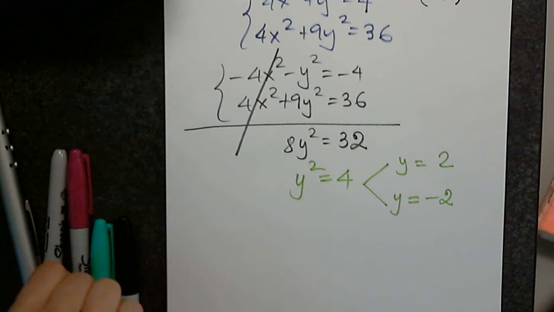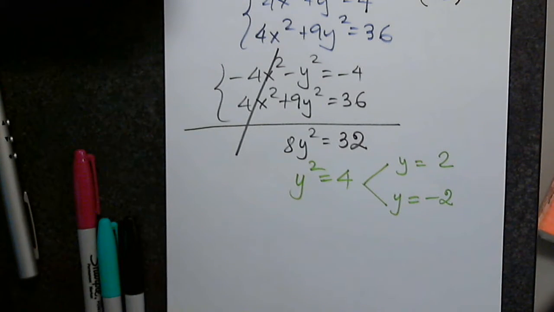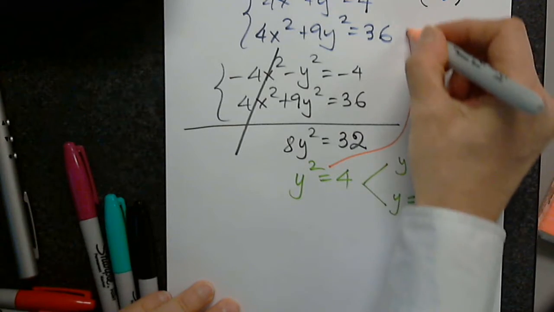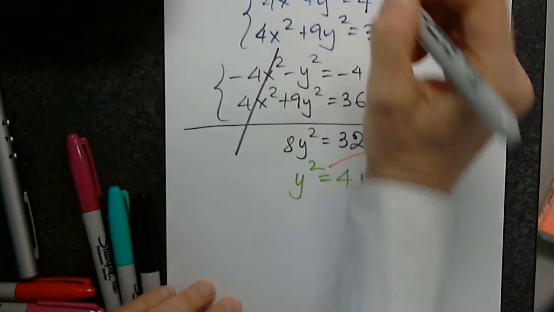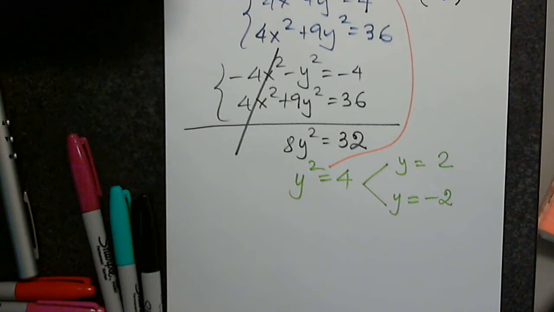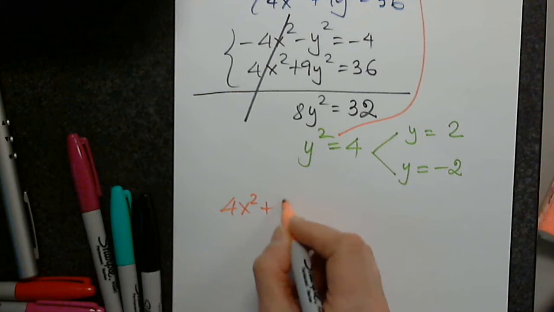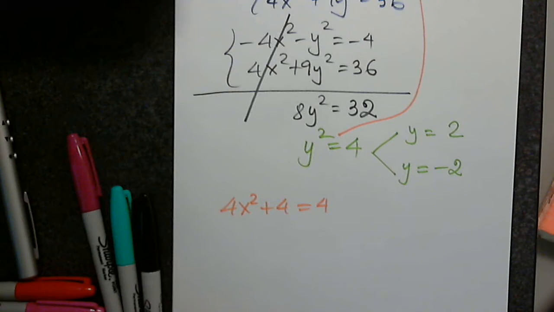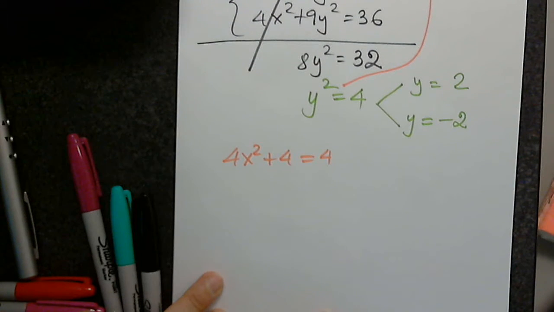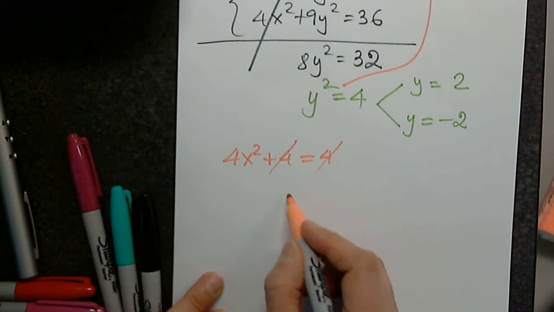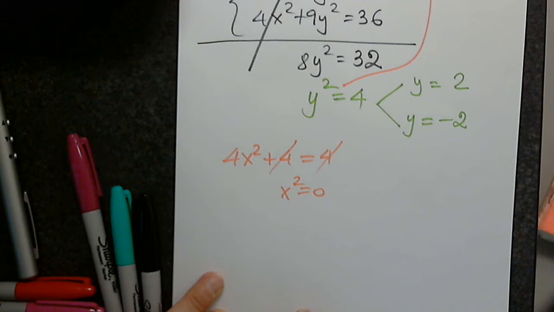No. I have to go back and replace y squared by 4 in this equation. It doesn't matter which one you go back to. So 4x squared plus 4 equals 4. I subtract 4 from both sides, and I get that x squared equals 0.